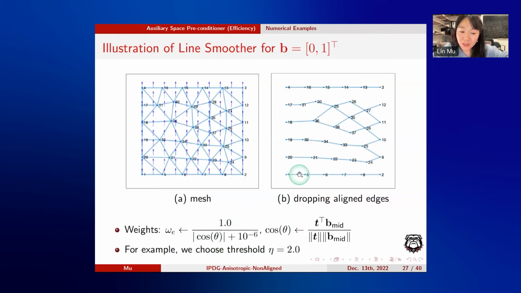For example, let's choose threshold equals 2, and we sort out all the edges with weights bigger than 2. Here are the weights we computed for each edge. We will loop over all of them. These edges have very big weights, so they belong to the perpendicular edges, so we add them to our graph.